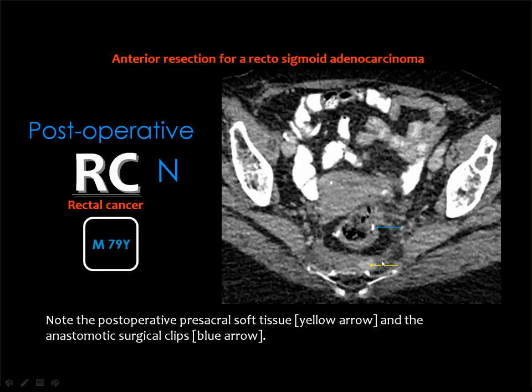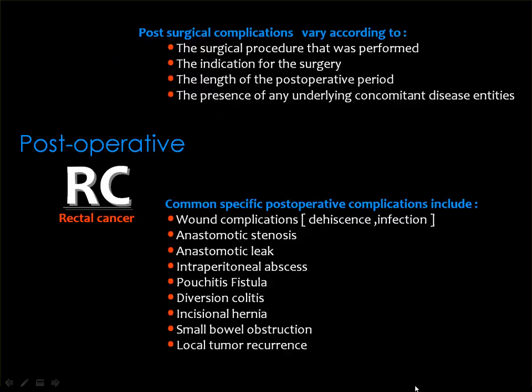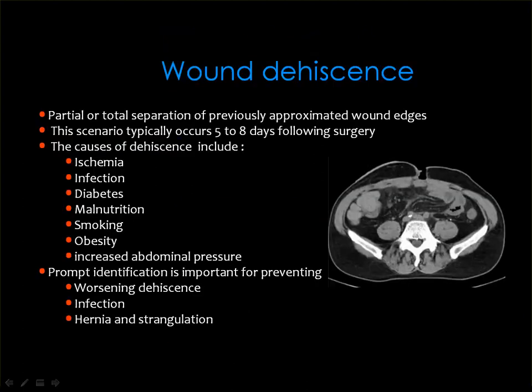You see a pre-rectal, pre-sacral soft tissue lesion, which is considered a normal finding. Then you got to the complications: wound dehiscence or infection, anastomotic stenosis, leak, abscesses, fistula, hernia, small bowel obstruction, and local tumor recurrence.